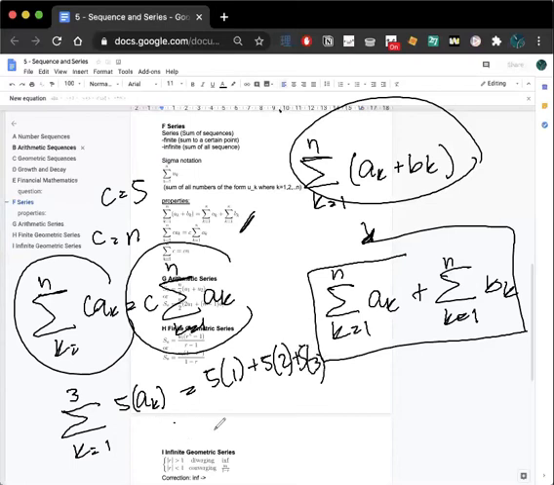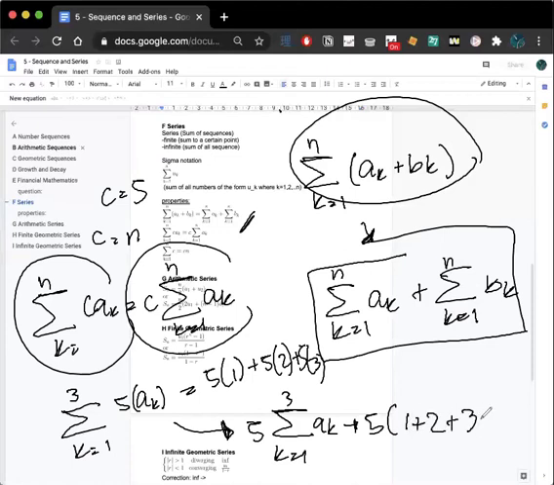But if you move the constant out, that's also the equivalent of saying 5 times (1 plus 2 plus 3). It's just a way of factoring the 5 out of the equation, you see?